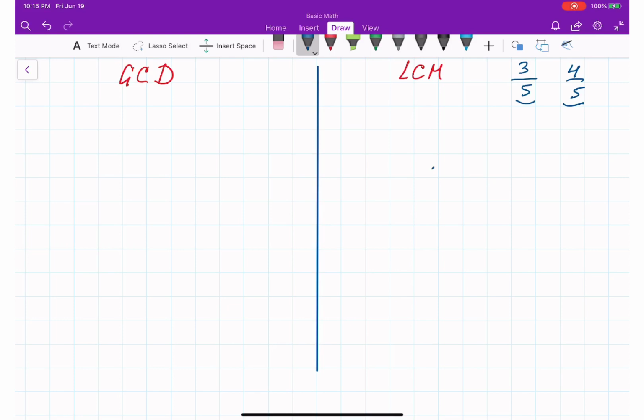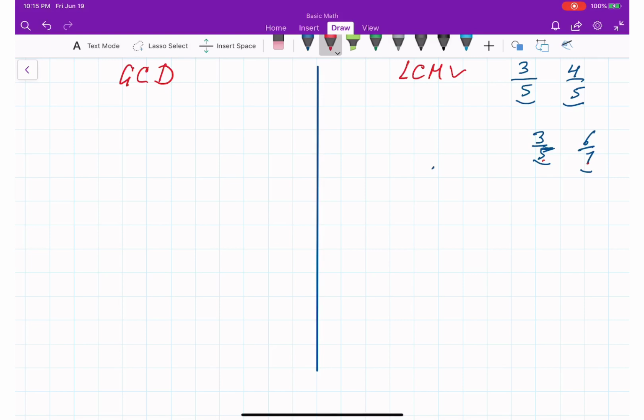But if we have denominators different, 5 and 7, then in that case, we have to use the principle of least common multiple to bring these denominators to the least common denominator.